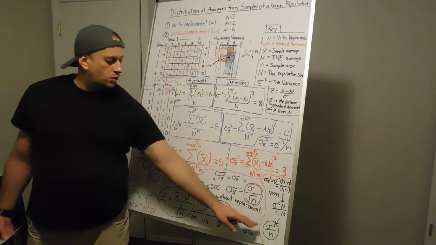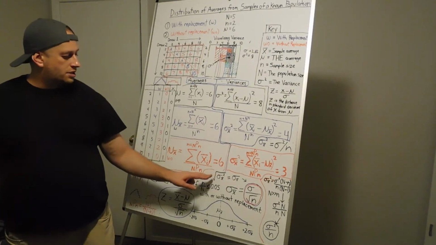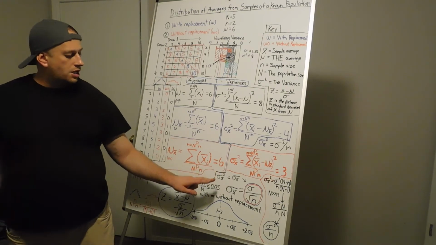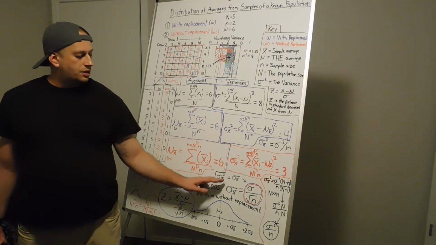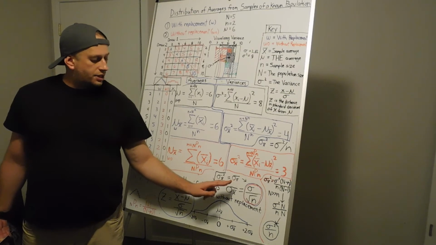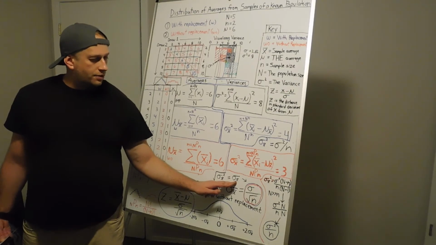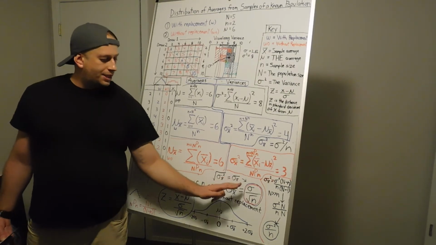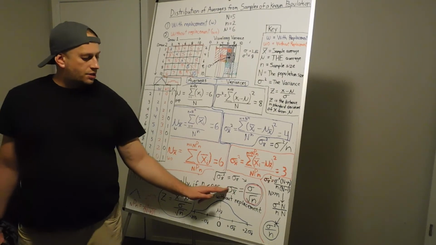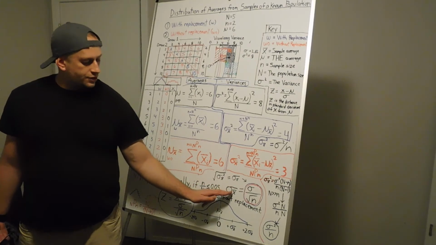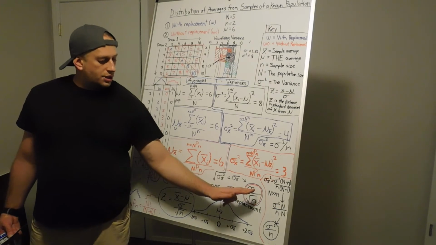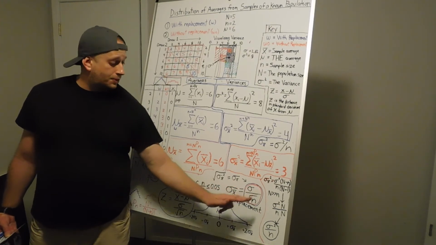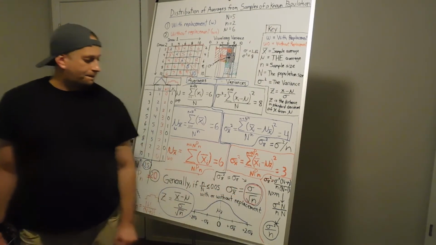When we take the square root of the variance of the averages, we end up with the standard deviation of the average, and it equals the standard deviation of the original population divided by the square root of n.